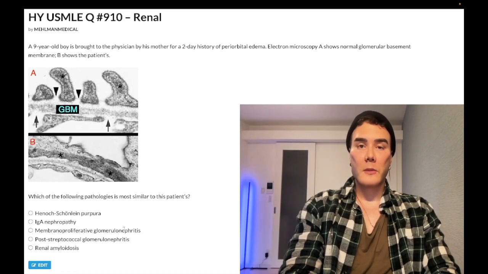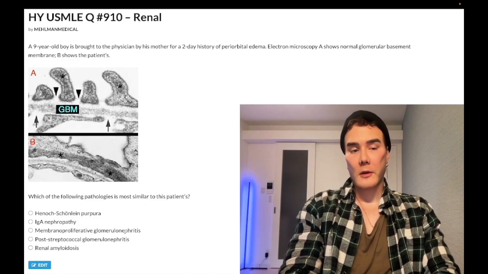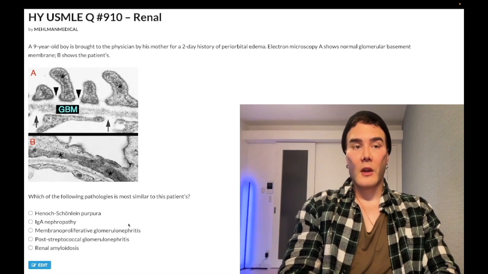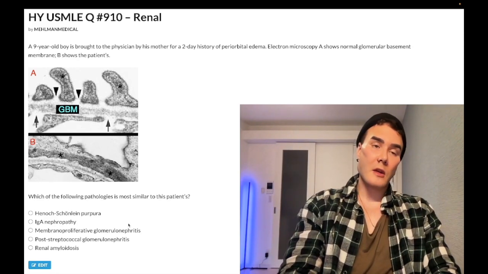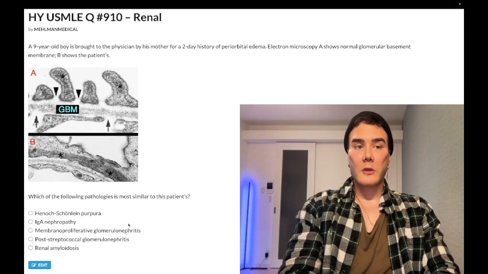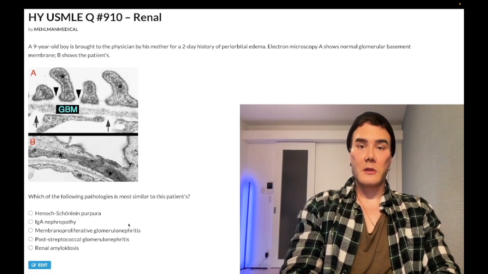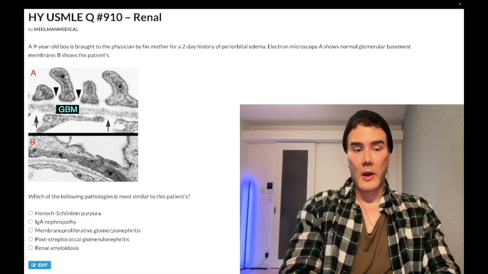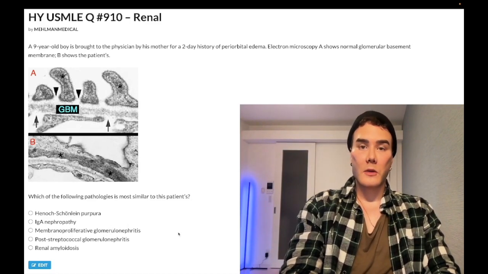It's low yield for USMLE. But the point is you're going to see red urine in membranoproliferative glomerulonephritis. For 2CK, you can get a big 15-line paragraph and they'll tell you hepatitis C and there's red urine. And then the answer is just renal biopsy is the next best step. Okay, so it's going to guide our management as far as what we're going to do next. Wrong answer.